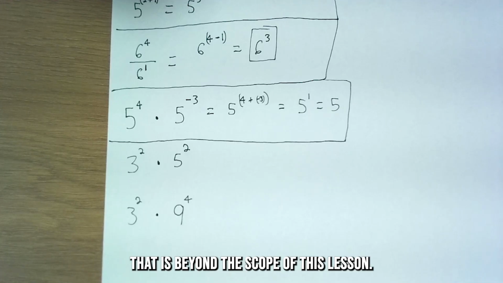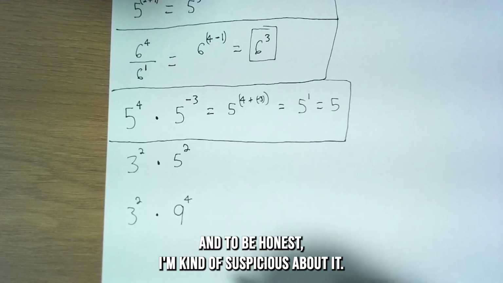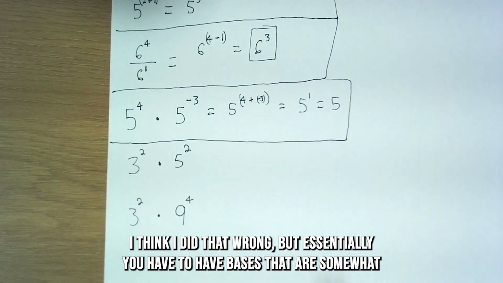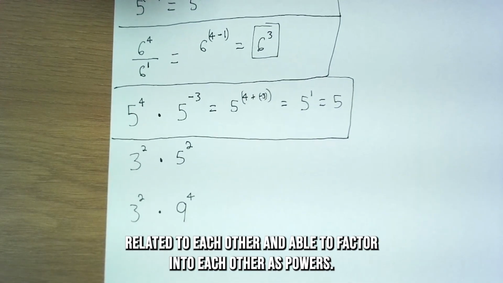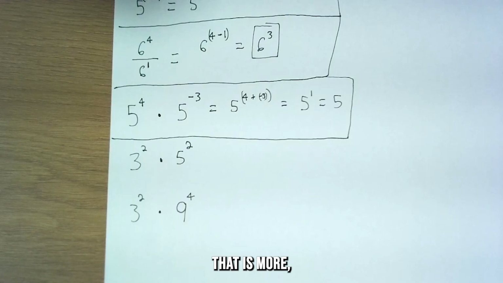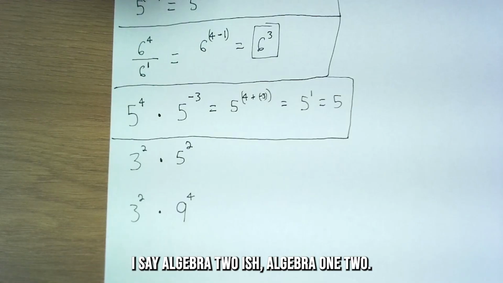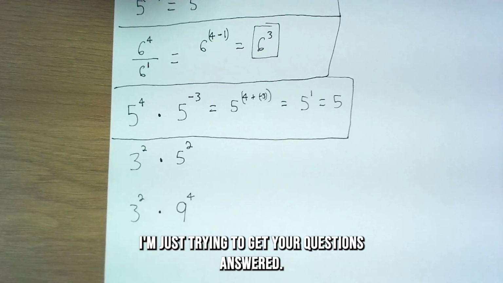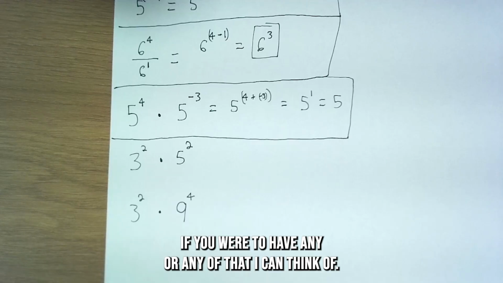That is beyond the scope of this lesson, and to be honest, I'm kind of suspicious about that. I think I did that wrong. But essentially, you have to have bases that are somewhat related to each other and able to factor into each other as powers. That's beyond the scope of this. That is more, I'd say, algebra 2-ish, algebra 1, 2. Regardless of the case, it's beyond the scope of what I'm trying to teach. I'm just trying to get your questions answered if you were to have any, or any that I can think of.